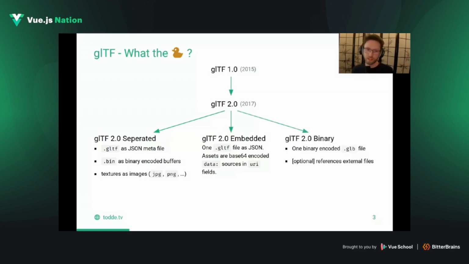Also in one single file, you could use the GLTF binary. Here you have a binary GLB file that is, of course, more or less optimized, but in it, the files are bundled. To be precise, there is still some JSON meta information in it and also some textures, and you can have some bins that are all in one binary encoded file in the end.